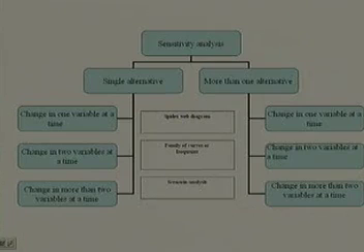Now, coming to the different types of sensitivity analysis, I have tried to make it in the form of a diagram. If you look at this diagram, you will find that sensitivity analysis can broadly be classified into 2 main categories.